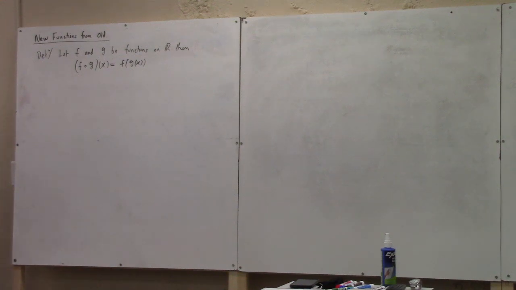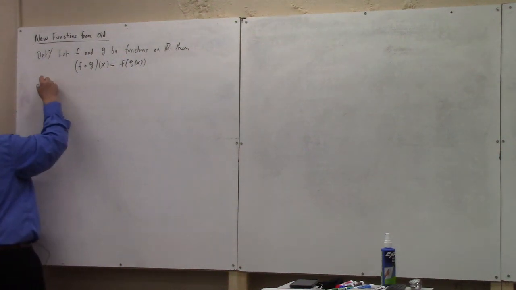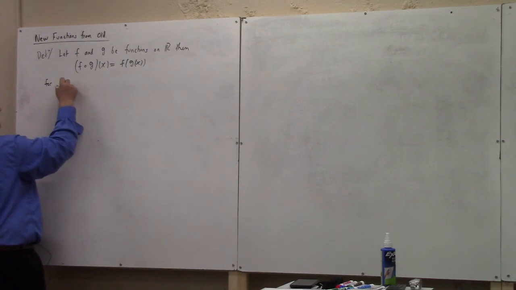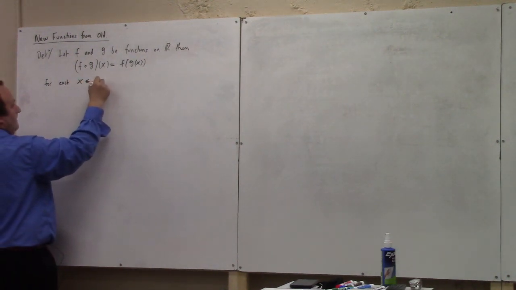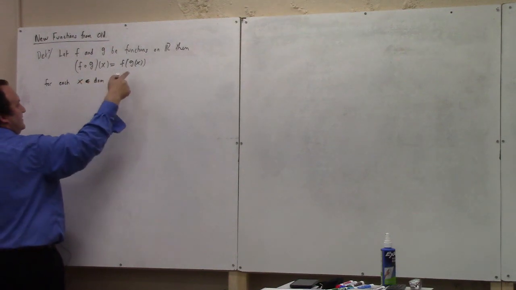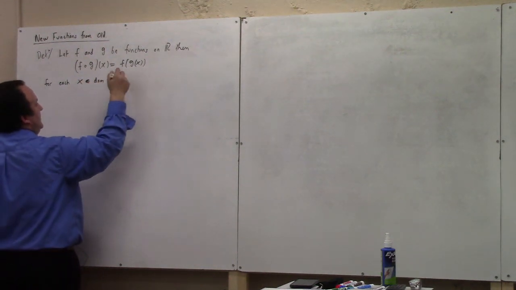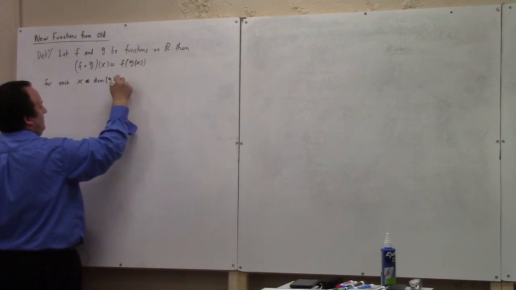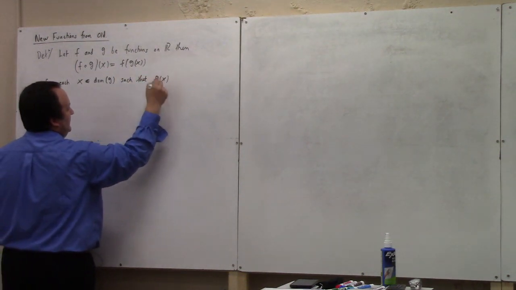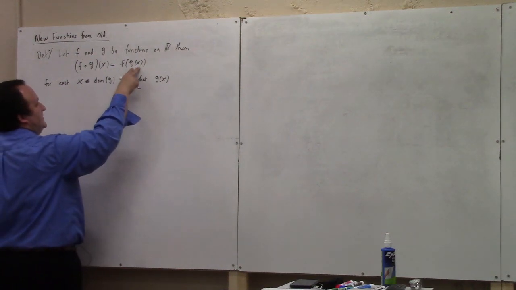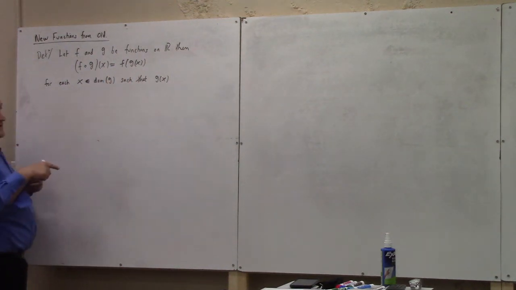So this is going to be true for each x in the domain of which function? Yeah, the domain of g, such that g of x is the input into f, right? Such that g of x is an element of the domain of f.